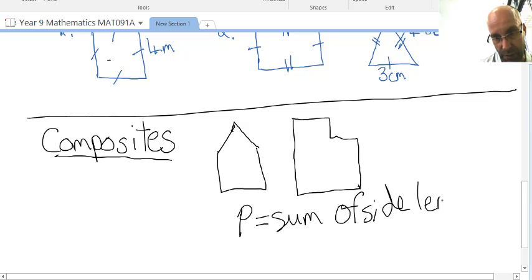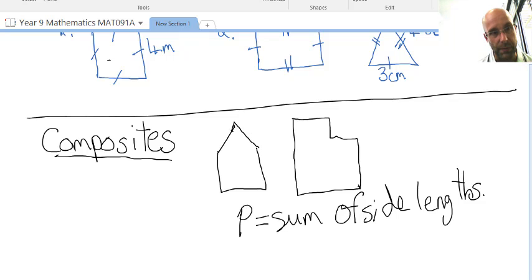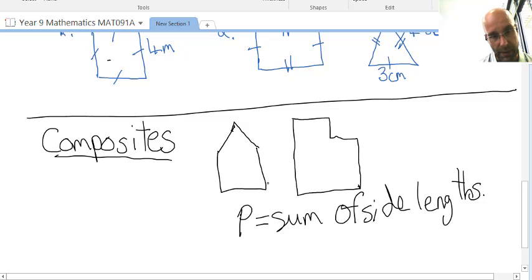So all we need to know is all of the lengths of the sides. Provided we're given those, we can find them. So for the first one, if we know all of these side lengths, we can still find the perimeter. This one, the same.